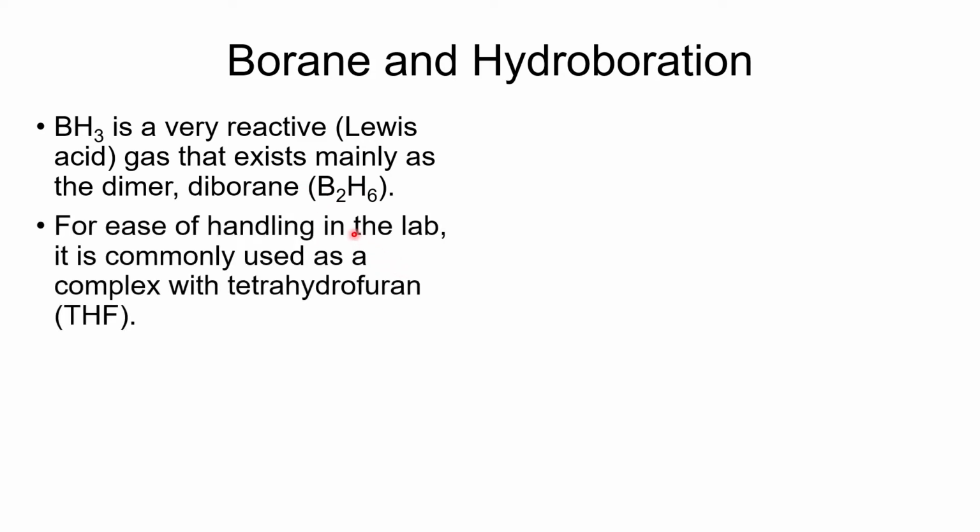Now, often, instead of attempting to use BH3 or B2H6 in the gas form, which is extremely reactive, we can take a commonly used solvent called tetrahydrofuran, THF, which we've talked about before. It is a polar aprotic solvent we've discussed before.